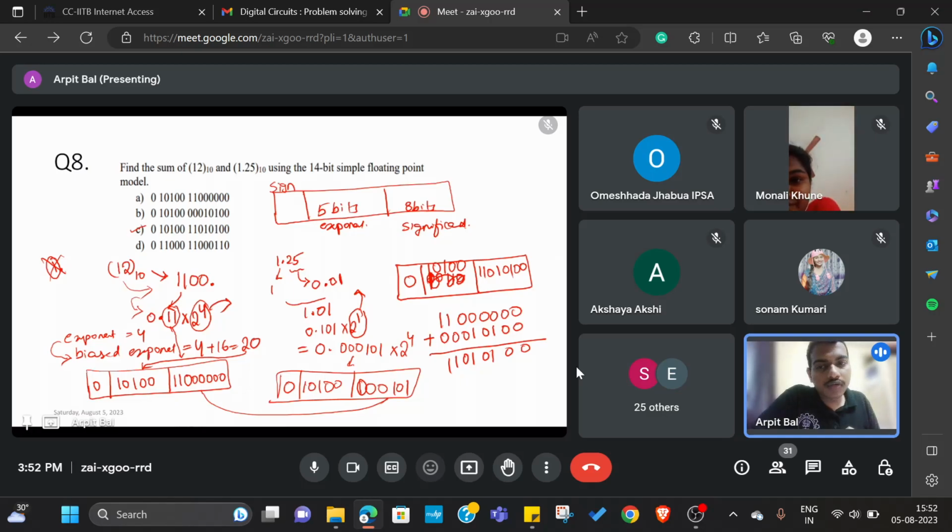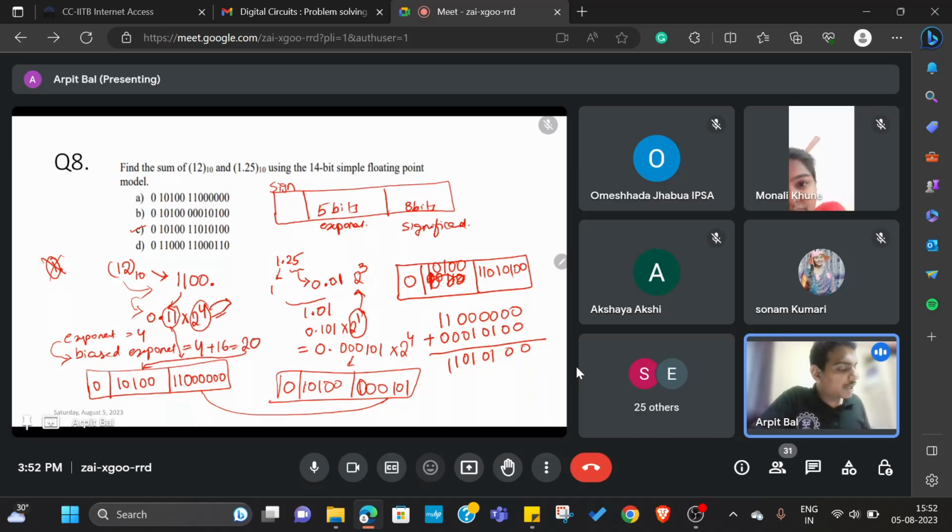According to the rule, whichever has the lowest exponent, which is 2 power 1 in this case, we need to multiply it with 2 power x such that it is equal to the highest exponent, that is 2 power 4. So we need to multiply 2 power 1 with 2 power 3.